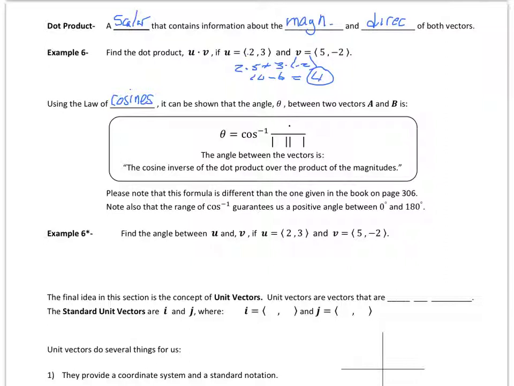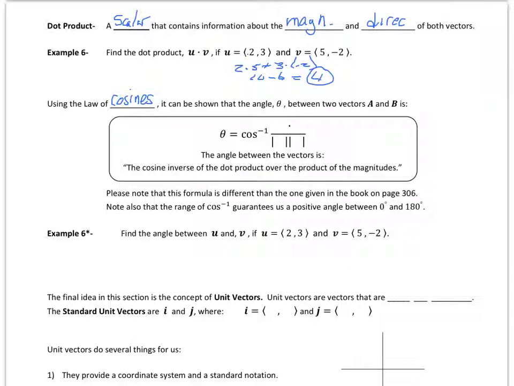Now, if we want to find the angle between two vectors: if we have a vector in component form, it's pretty easy to find the angle with the positive x-axis. We've done that, where we use our inverse tangent. But if we just have two general vectors, here's how we find the angle.